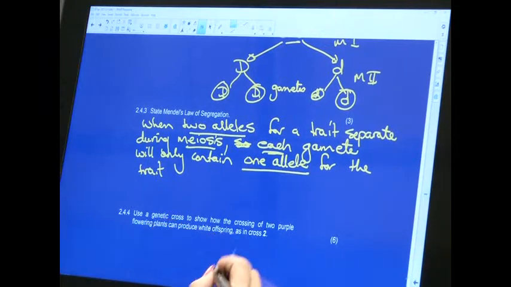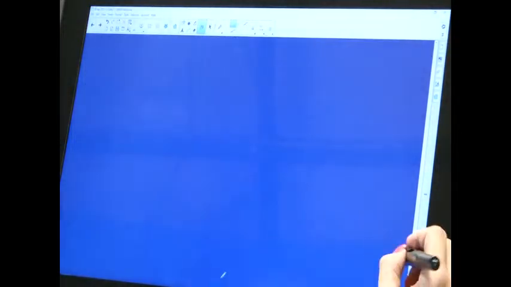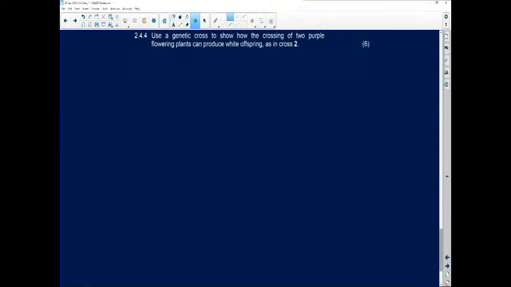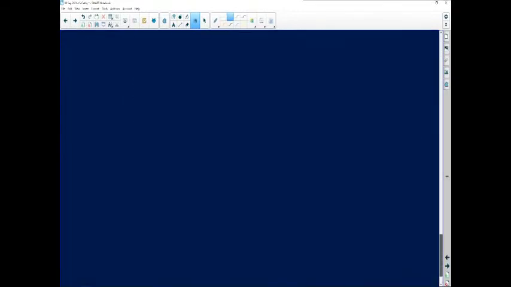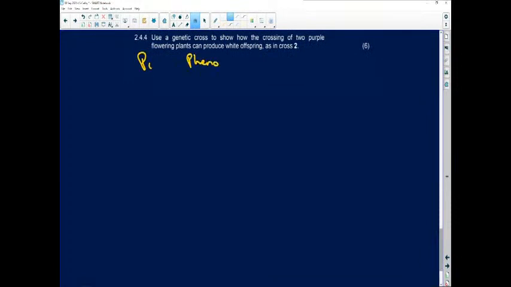All right, use a genetic cross. Okay, I'm going to do this very, very quickly so that we can finish this question. Here are where your marks are going to be. They say the two purple flowering plants shown in 2, let's just quickly check, 2 was purple and purple heterozygous. So now we have a heterozygous cross. So we're going to go P1, and the phenotype will be purple times purple.